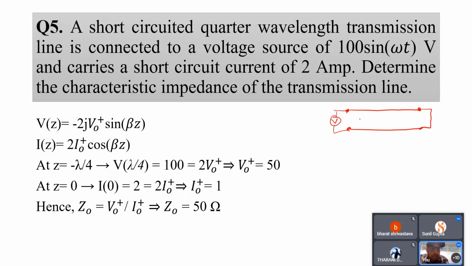Here in the transmission line, the voltage equation is defined as V of Z is equal to V naught plus e raised to the power minus j beta Z plus gamma times V naught plus e raised to the power j beta Z. So gamma in case of the short circuited line is defined as gamma is equal to ZL, which is 0, minus Z naught upon ZL plus Z naught.